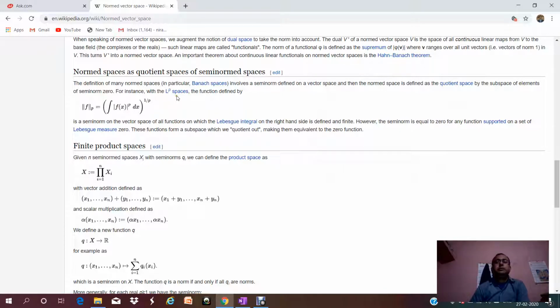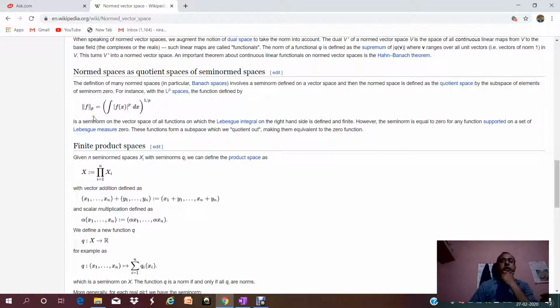These are the LP spaces. LP spaces are defined in this way: norms are defined on functions or mappings.